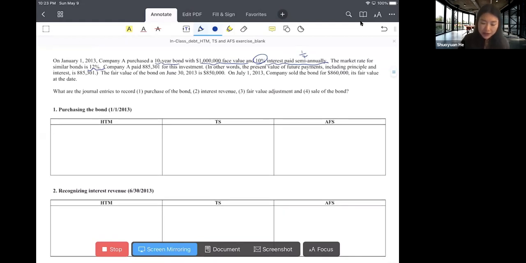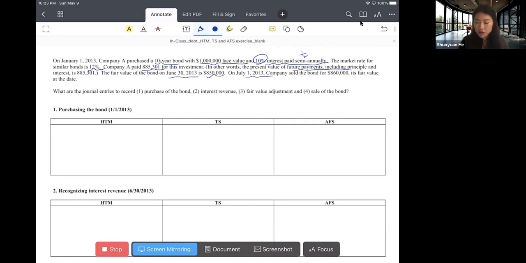Company A paid 885,301 for the investment. So in other words, the present value of future payment, including principal and interest, is 885,301. The fair value of the bond on June 30th, 2013 is 850,000.